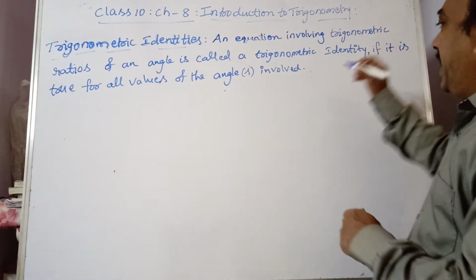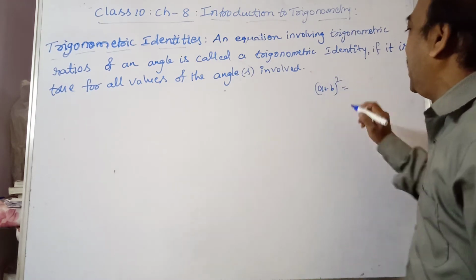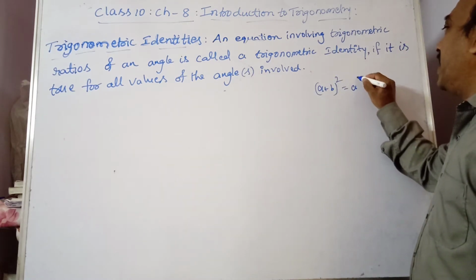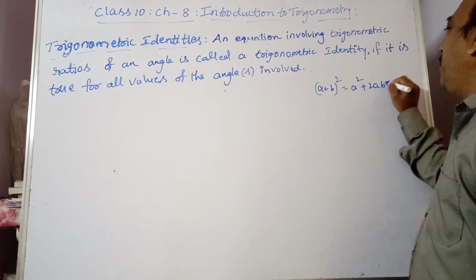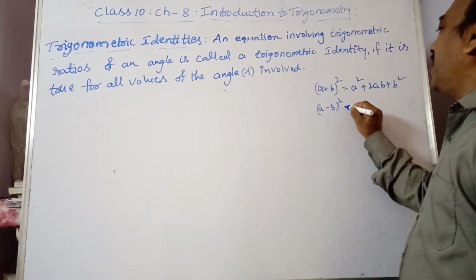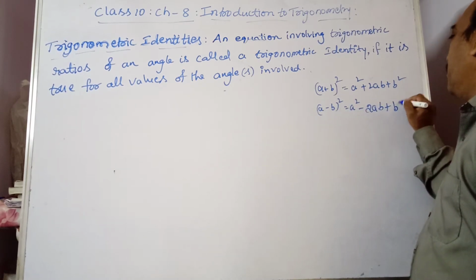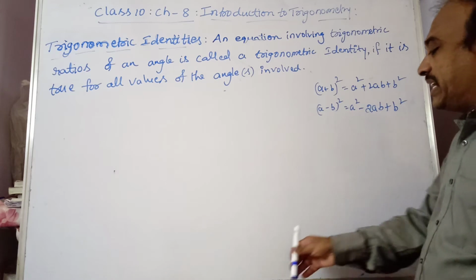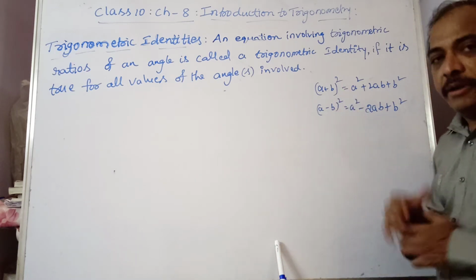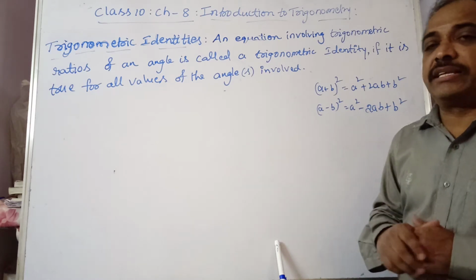Look at this. (a plus b) whole square is a square plus 2ab plus b square, and (a minus b) whole square is equal to a square minus 2ab plus b square. These are some identities we discussed in the previous classes.